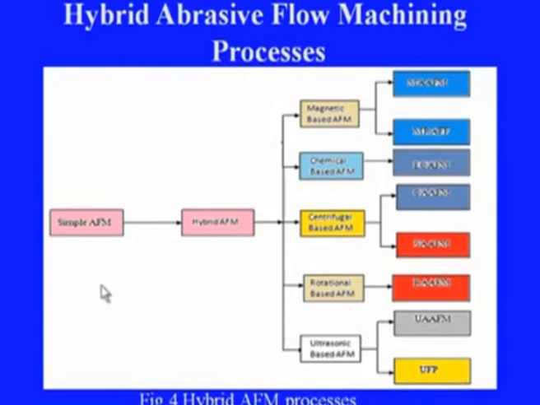Now, here are some of the hybrid AFM processes. Here the first one is the simple AFM process, and then added to this is some effect in the form of hybridization or some other material removal effect, and then this gives some enhanced effect in terms of either material removal or better surface finish.